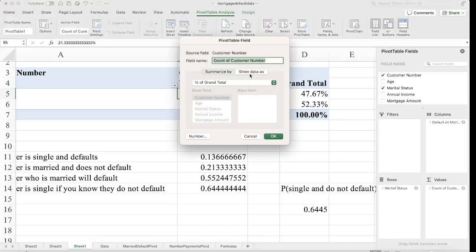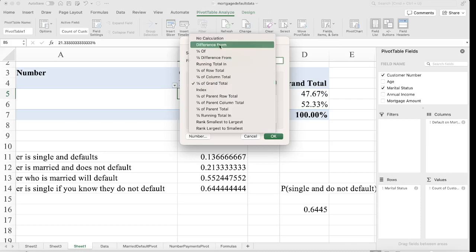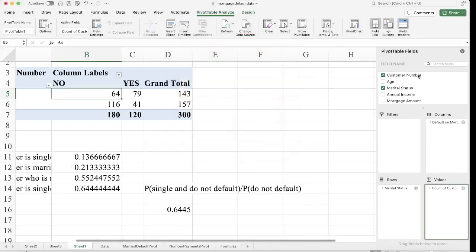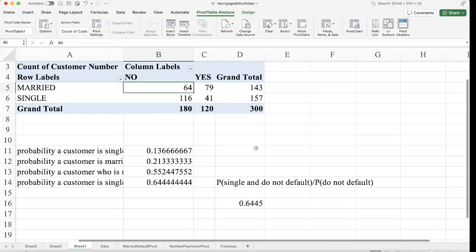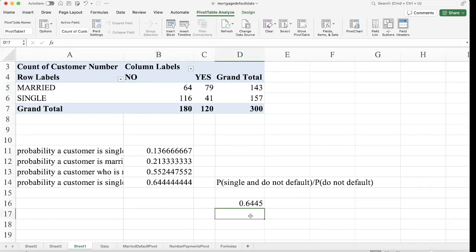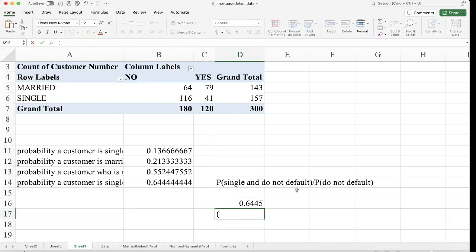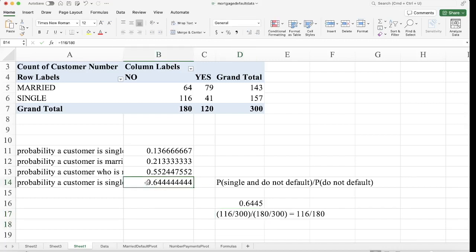So if I change these back to just be showing us the values in each of these categories, this conditional probability formula, in the top, I'd be saying that I have 116 divided by my total of 300, and then the probability overall that I do not default is 180 over 300, and those 300s would cancel, and this would end up being 116 over 180, which is exactly the same way that we calculated this in cell B14.